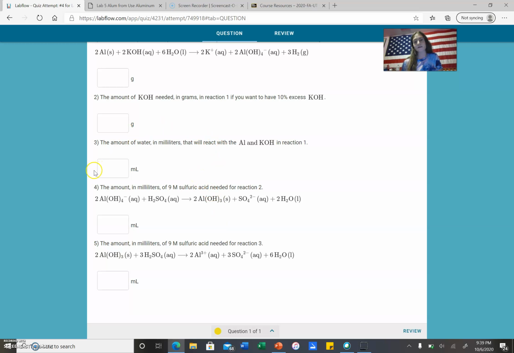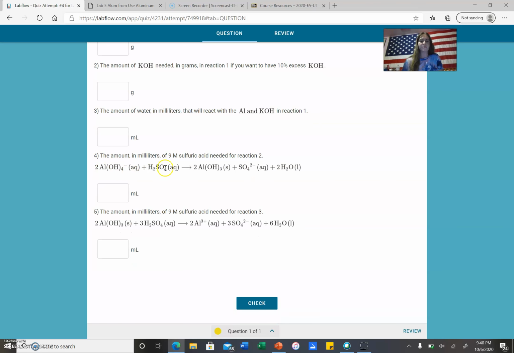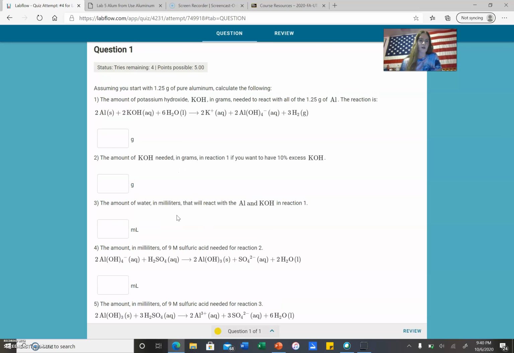How many milliliters of water would we need to dilute the KOH pellets? How much sulfuric acid would we need for reaction 2, and how much sulfuric acid would we need for reaction 3?